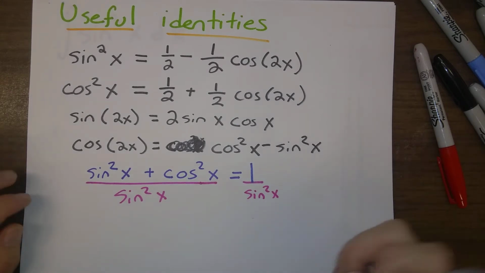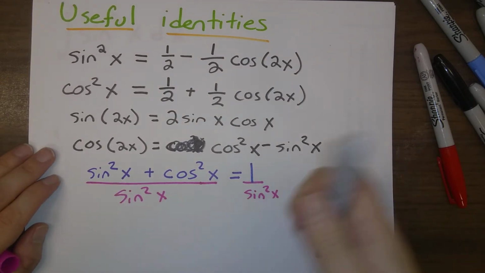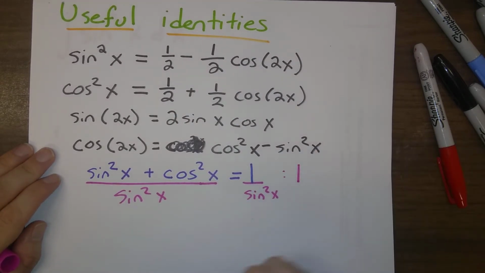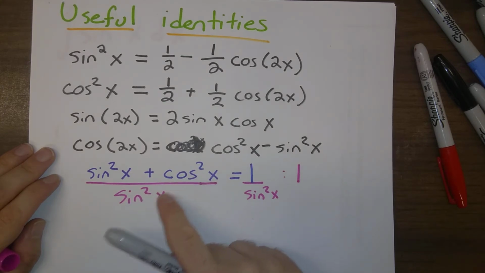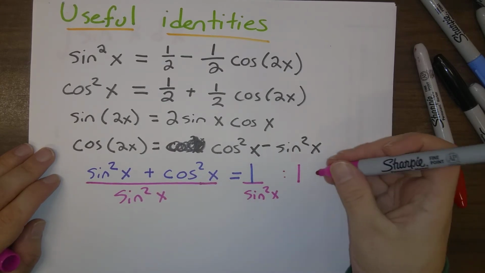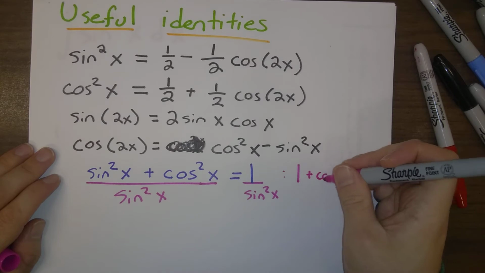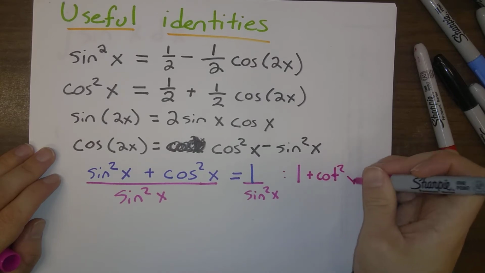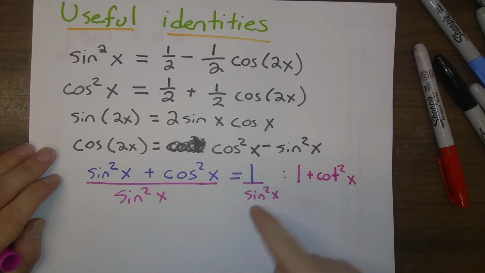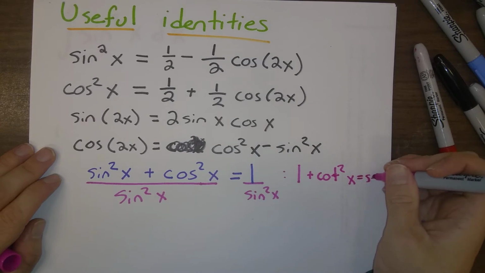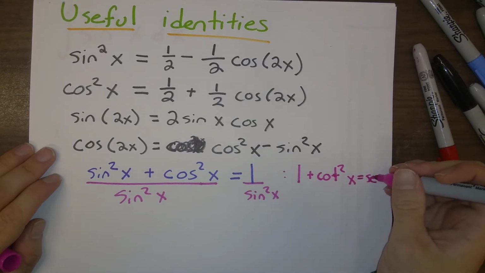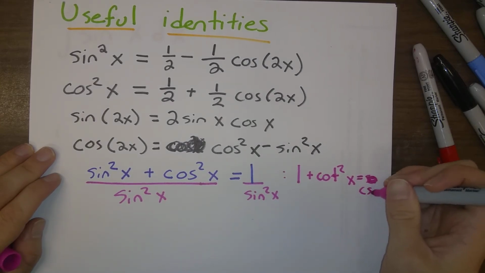we end up with sine squared divided by sine squared is 1. Cosine squared divided by sine squared, that is cotangent squared. And 1 over sine squared, that is cosecant squared.